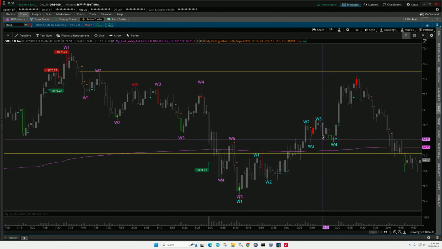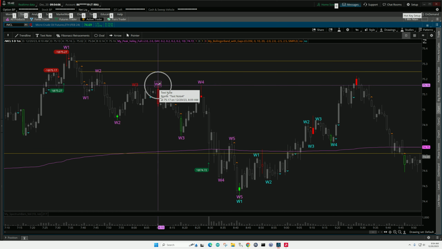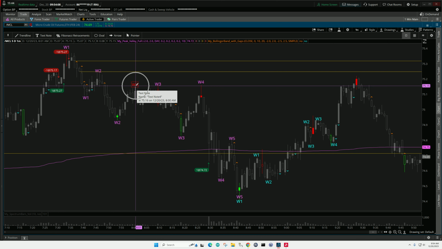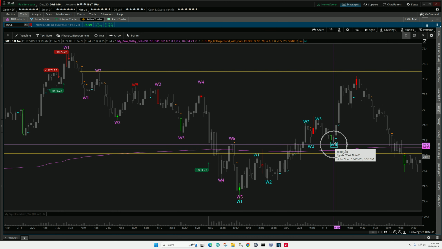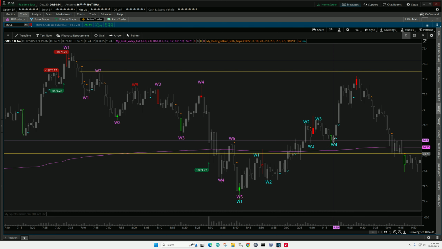by this wave 4. This is the bottom of wave 3, but wave 4 goes lower. Just as wave 3 here went and violated this wave 3, wave 4 violates this wave 3 with lower lows and lower candle bodies, as you can see right there. And then wave 4 pushes up. Typically I don't expect a wave 4 move.